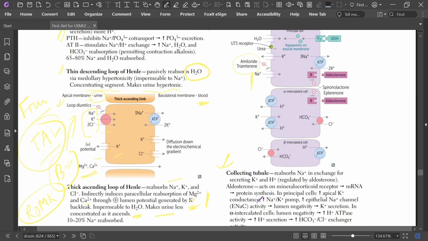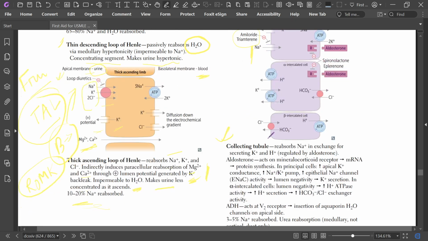Look here, it is written that aldosterone acts on the mineralocorticoid receptor, mRNA and protein synthesis in the principal cell: increased apical potassium conductance, increased sodium potassium pump, and increased ENaC epithelial sodium channel activity, with lumen negativity and potassium secretion.